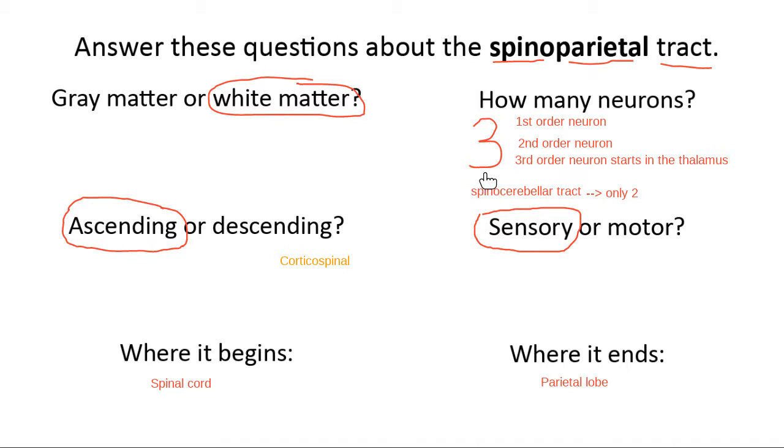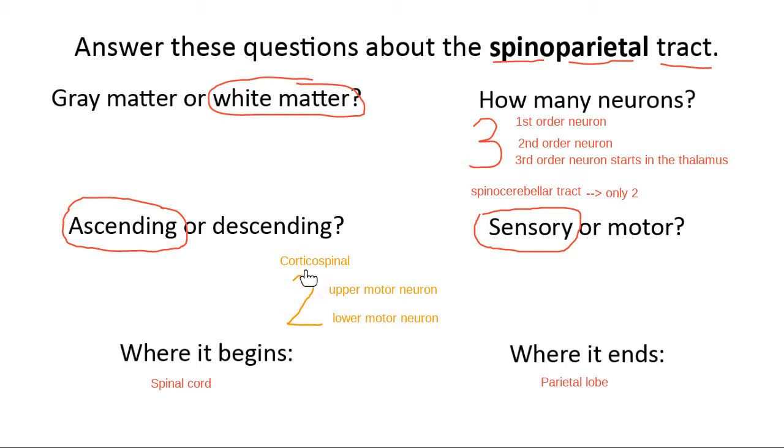If we were doing a motor tract, like corticospinal, how many neurons do motor tracts have, or descending? Yeah, descending are going to have 2 neurons. What's the name of those 2 neurons in a descending tract? Yeah, exactly. I'm going to have an upper motor neuron, and I'm going to have a lower motor neuron.